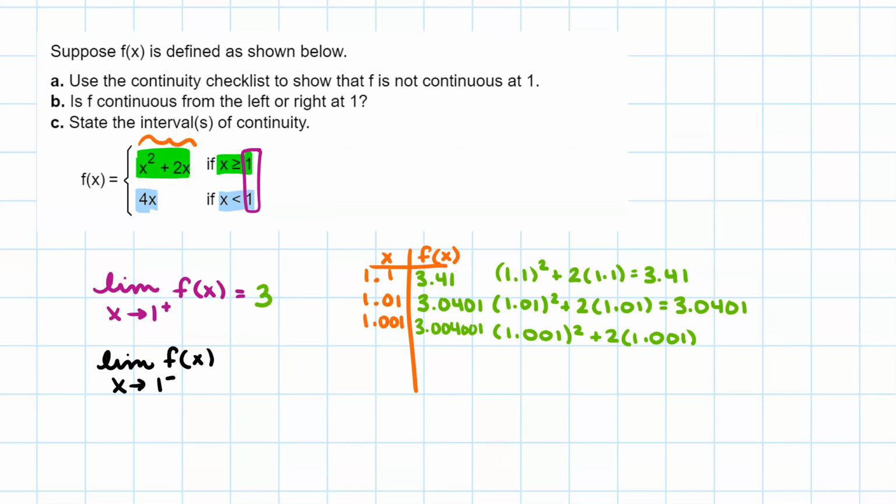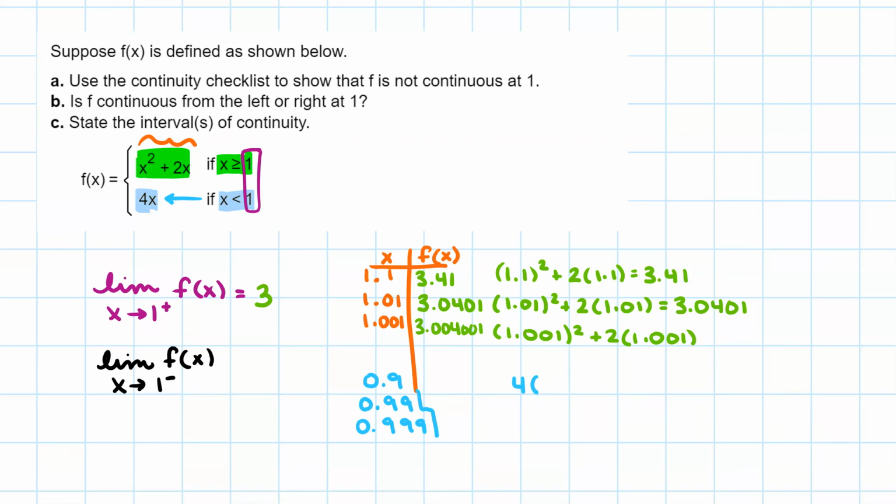So coming to 1 from the left side, let's use 0.9, 0.99, and 0.999. Those are getting closer and closer to 1 on the left-hand side. But now we have to use this rule for x.